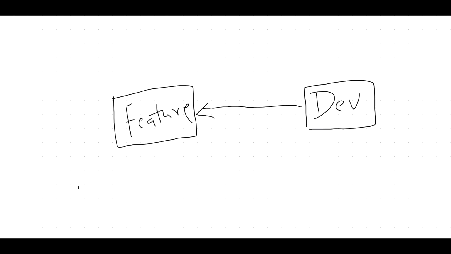Once you're done with the branch creation, kindly create one feature branch from dev. You can give a name like feature slash whatever, let's say first commit.